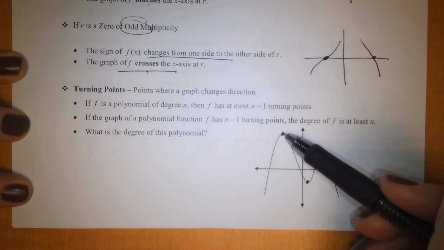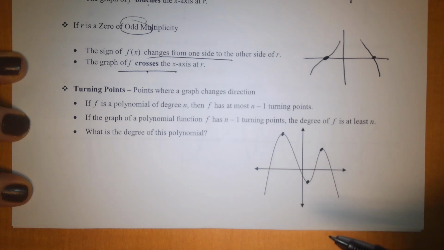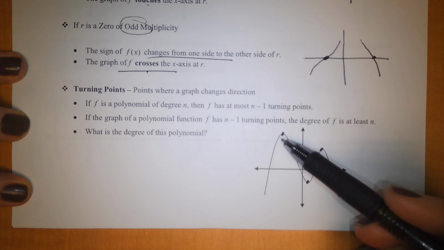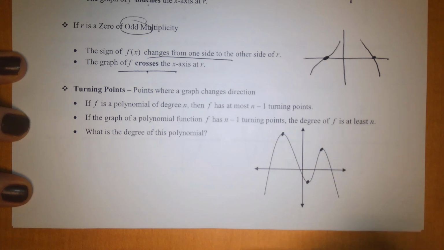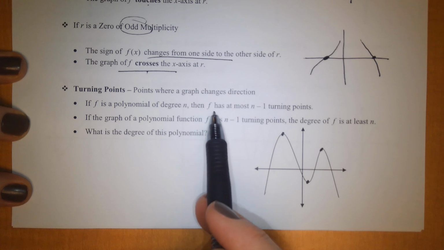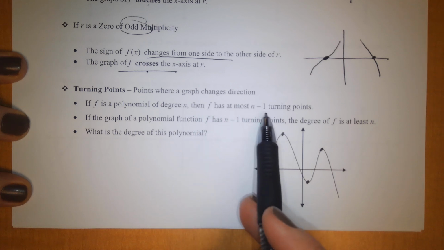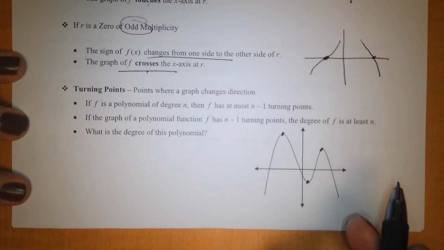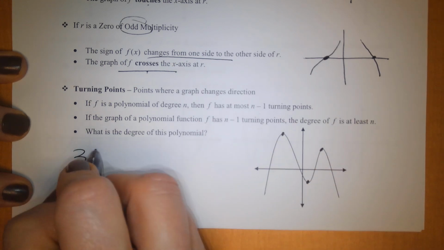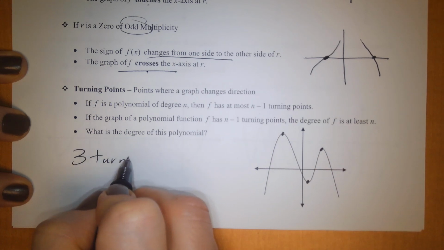These are what are called the local maxes and mins of the graph. At each of these points, it is turning direction. If f is a polynomial of degree n, then f has at most n minus 1 turning points. This polynomial has 3 turning points.